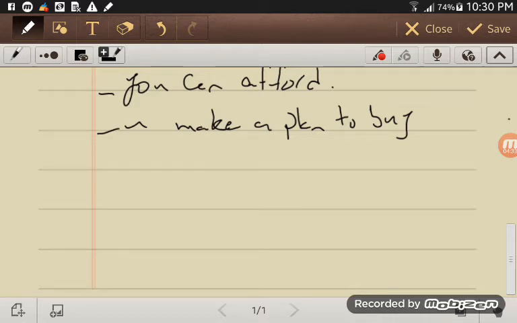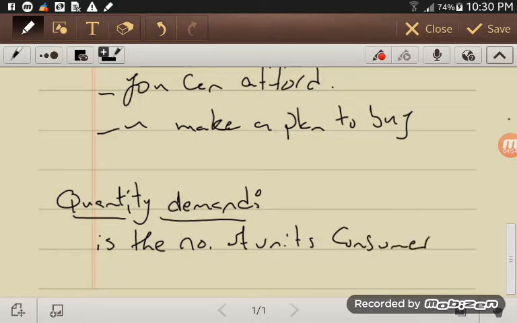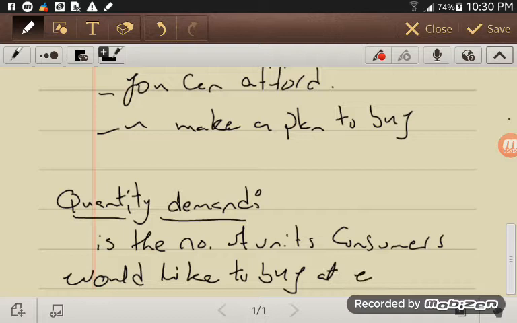What's quantity demanded? Quantity demanded is the number of units consumers would like to buy at each price level.